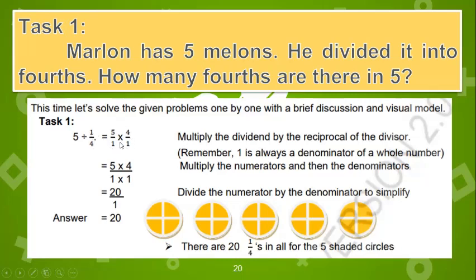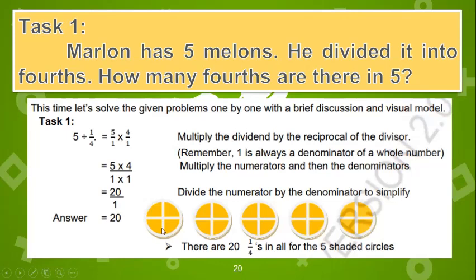Then let's multiply the numerators and the denominators. 5 times 4, 1 times 1. So we have 20 over 1. And of course, don't forget to simplify because 20 divided by 1 is 20.